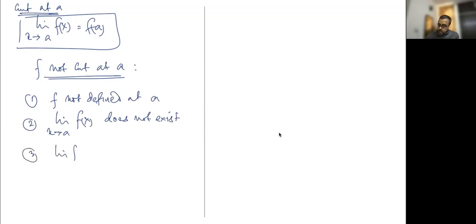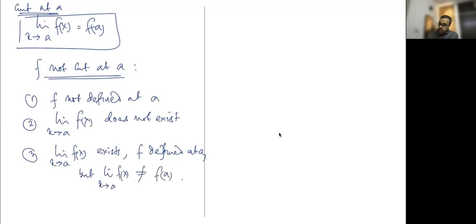Or the limits exist at a, but they are not equal.